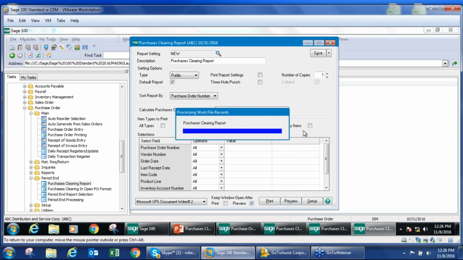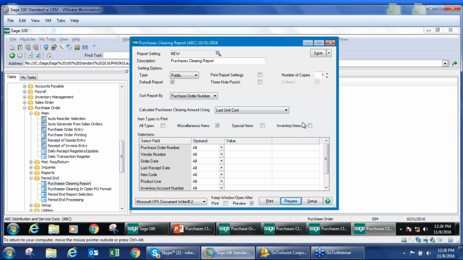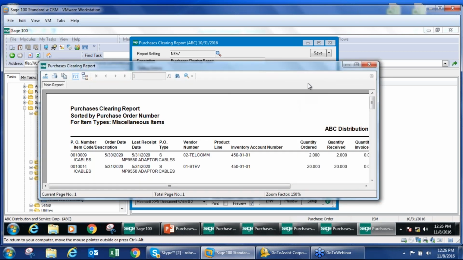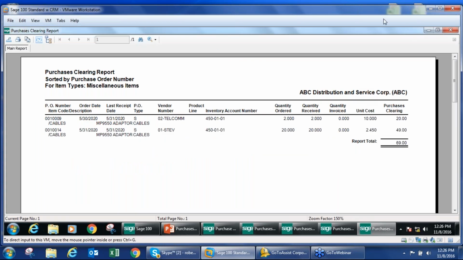And when you run your report, this report is going to tell you all of your POs that you've received but not yet invoiced. And so this is the amount that you should do a journal entry to record your accrual.